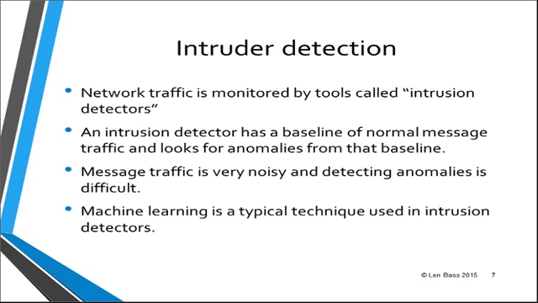The way they work is there's a baseline of normal message traffic within your organization, and the assumption is that intruders will introduce abnormalities, and so the detector will detect an anomaly. This turns out to be a really hard problem, just because the normal message traffic is very noisy. And machine learning is a typical technique that's used in intrusion detection.